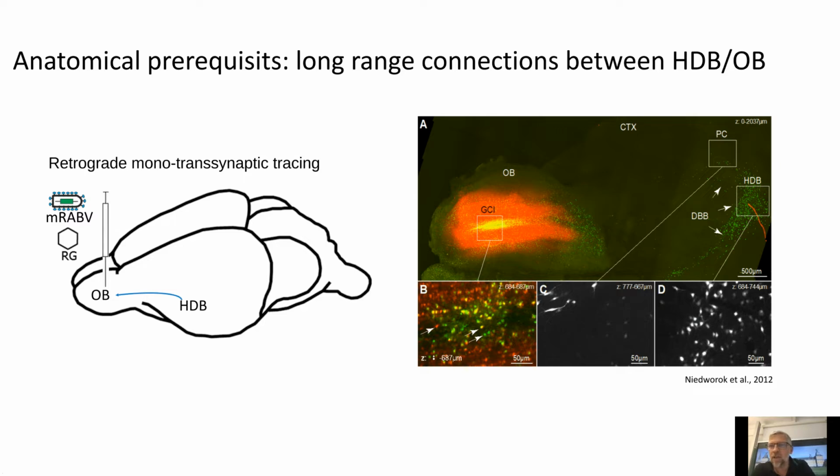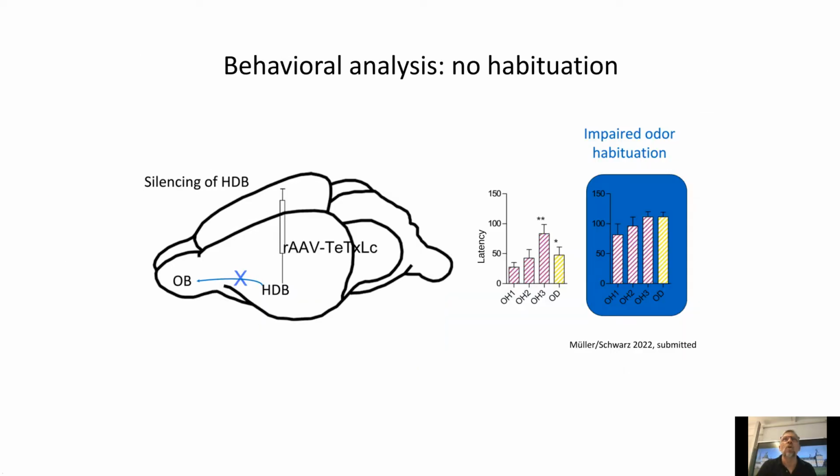And what you see here is that there are very, very prominent projections from a region called HDB, the horizontal diagonal band. In human, it would be the horizontal diagonal band of Broca that connects to the olfactory bulb. So indeed, we and others identified these types of neurons that regulate activity in the bulb.